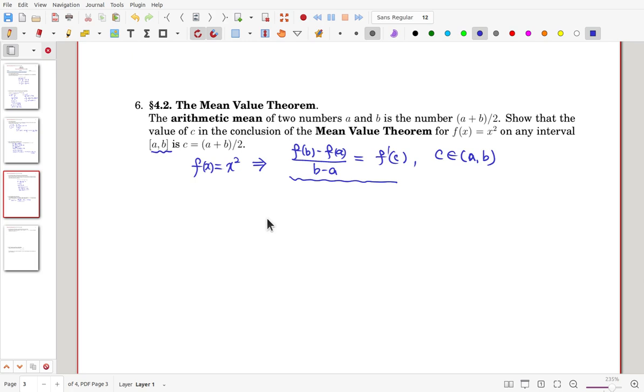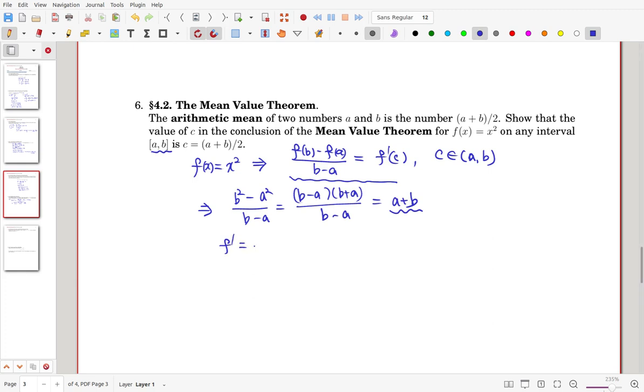Now, f of b is b squared, and f of a is a squared. So we have b squared minus a squared over b minus a, which is b minus a times b plus a over b minus a, so the remaining part is a plus b. Now, what is f prime?